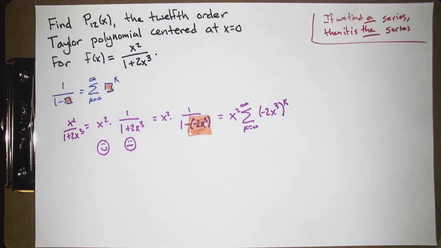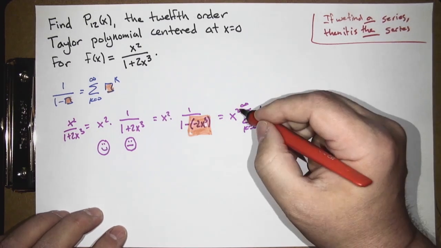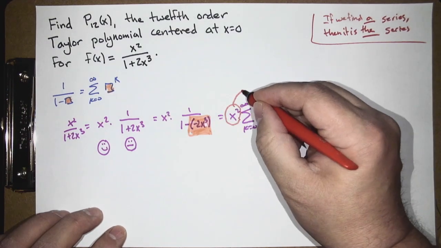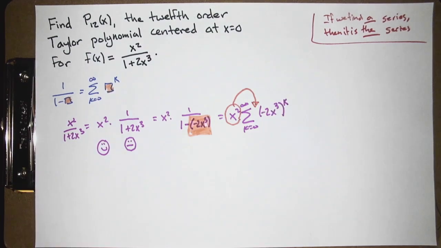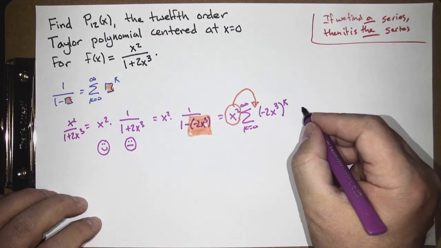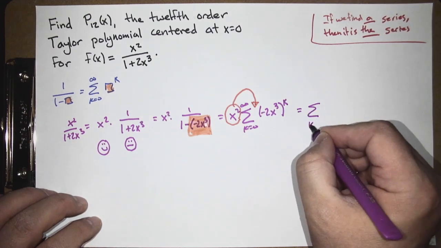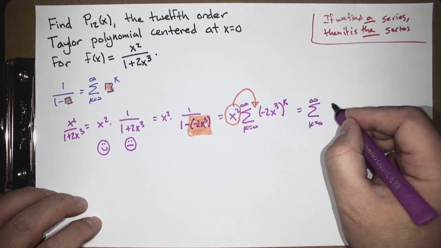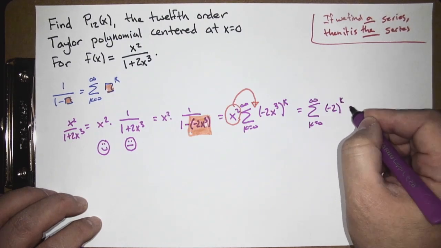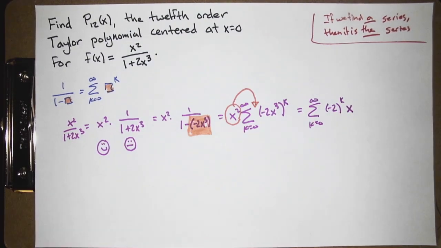And at this point we can do two things. One thing we can do is bring the x squared inside, because that can distribute in. And the other thing is that we can break up this (negative 2x cubed) to the kth power into two parts. So this becomes the sum of negative 2 to the k power, x to what power? 3k plus 2.